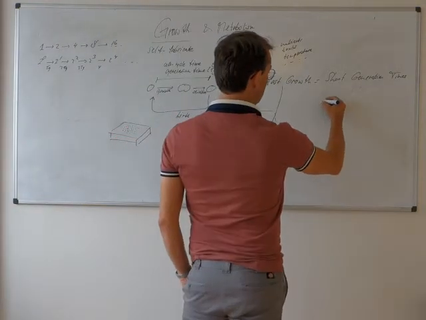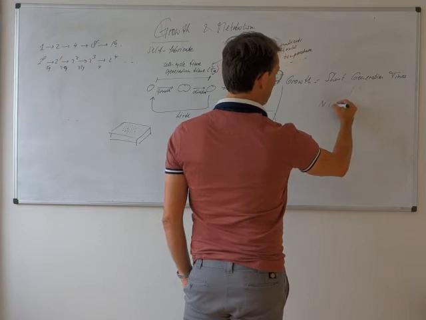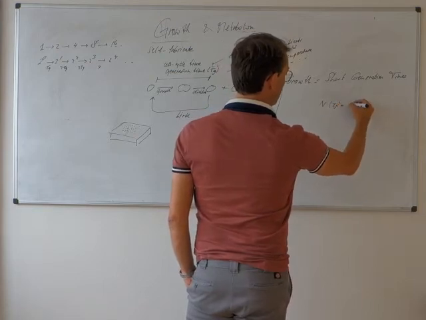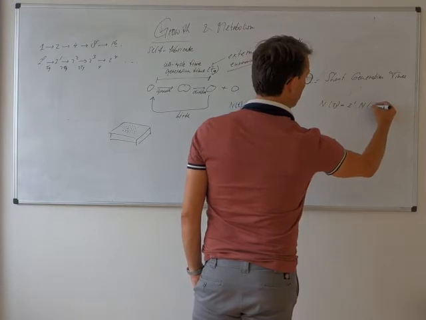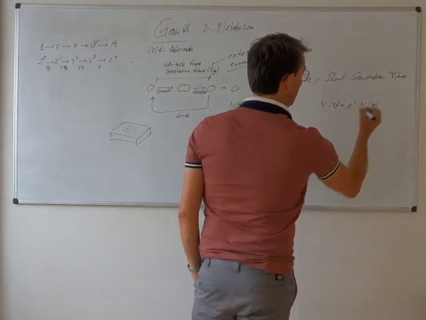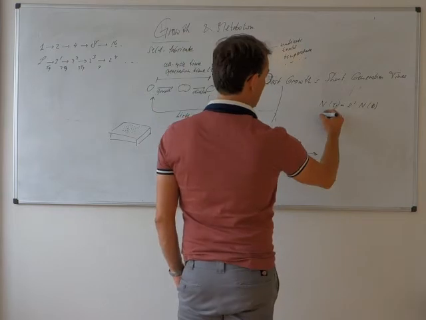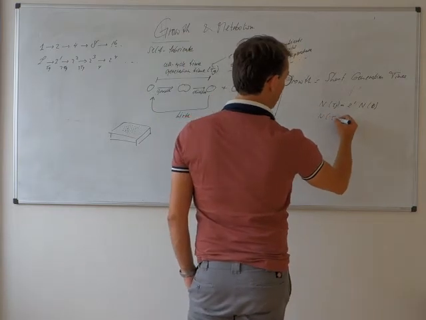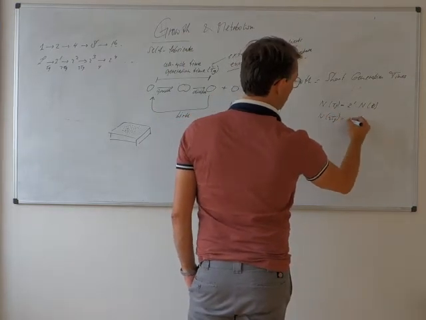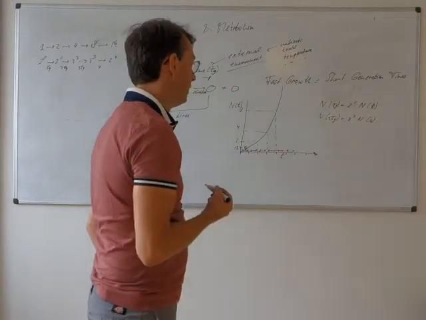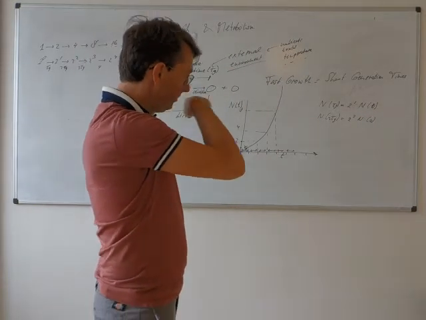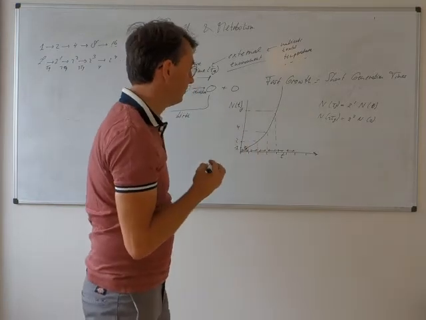Okay, so that also means that after 1 generation time, we have 2 times as many cells as we had at time 0. And after 2 generation times, we have 4 times as many cells.